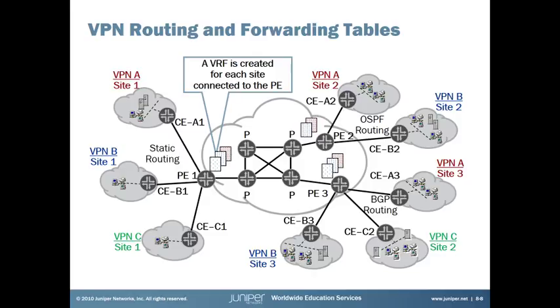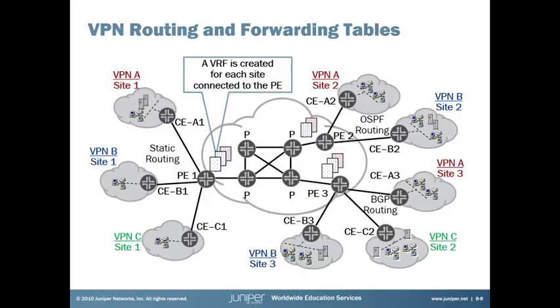Its VRF for customer red has got to have information about site 3 but also site 2 and site 1. You've got to have consistent routing information across all the VRFs so that traffic leaving, say, site 3, destined for site 2, can do a lookup in its VRF and know exactly how to get to site 2. What is that lookup going to tell it?